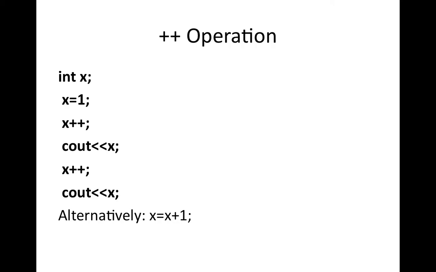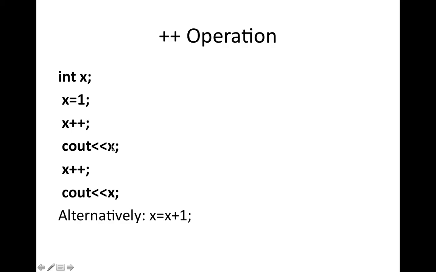Okay, so here's a new operation. It's just called the plus plus operation. And essentially, the only reason it exists is because programmers got tired of writing this, x equals x plus 1. So again, what happens here is C++ will take the value on the right and assign it to the value on the left. So all you're doing is taking the value of x and increasing it by 1. So if x happens to be 1, and you do this x plus plus thing, the value of x is now 2.